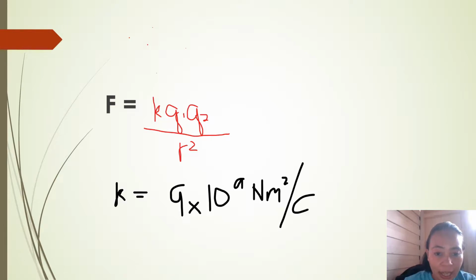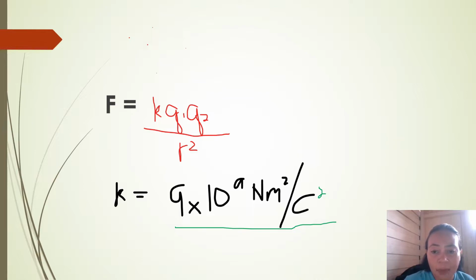This is K, a constant value of 9 times 10 raised to the 9th power. The unit is Newton meter square per coulomb square, and this is known as your Coulomb's constant. Then you have your Q1, Q2, which are your charge 1 and charge 2, divided by your R square, or the distance of separation.